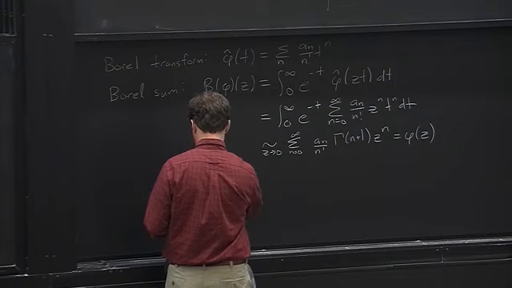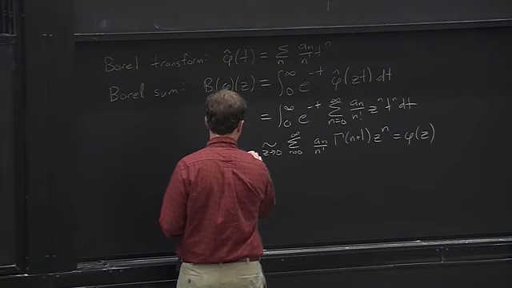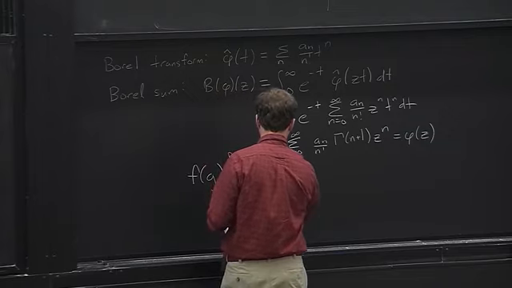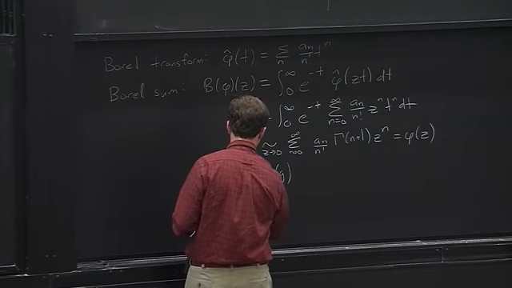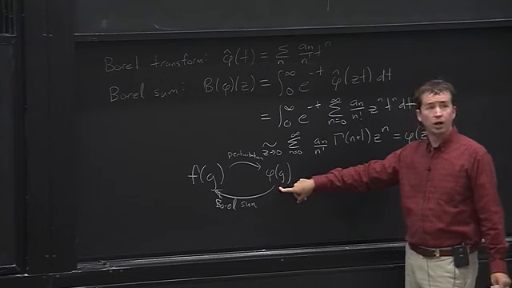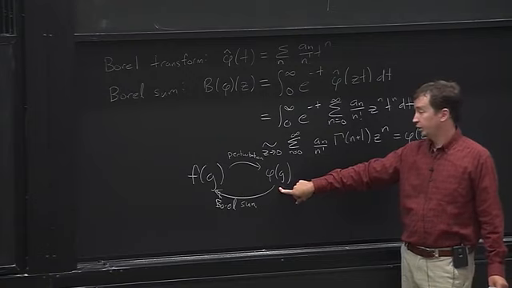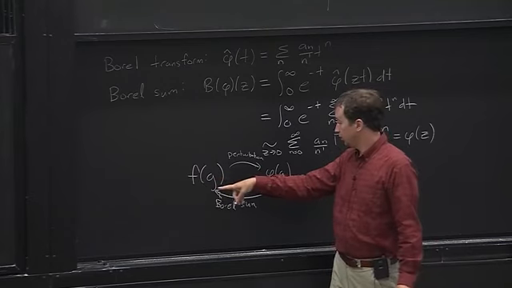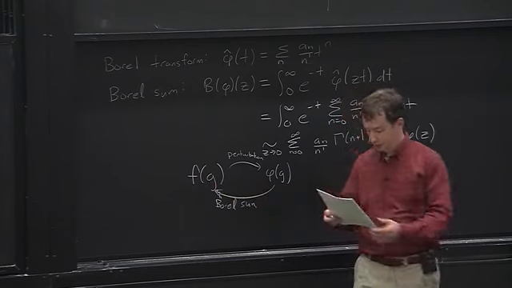And so that means that it's a good candidate for going backwards. So sometimes we can go backwards, and from an asymptotic series that we construct using perturbation theory, sometimes it's possible to reconstruct the original quantity of interest, something like ground state energy.